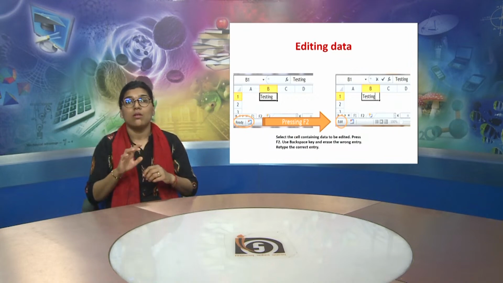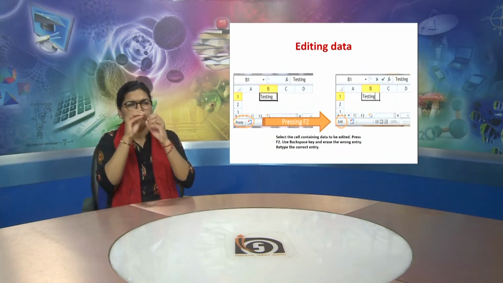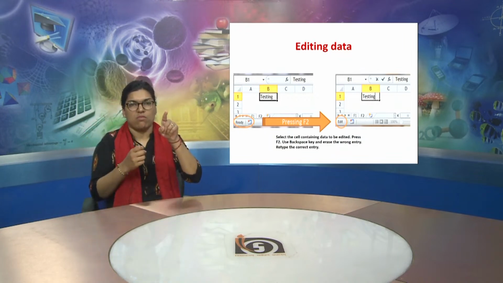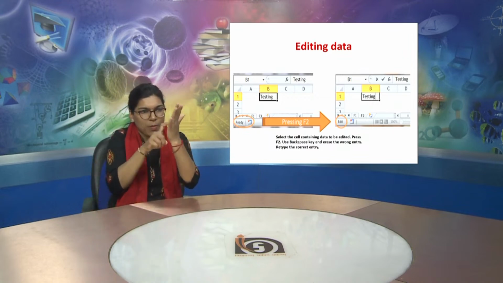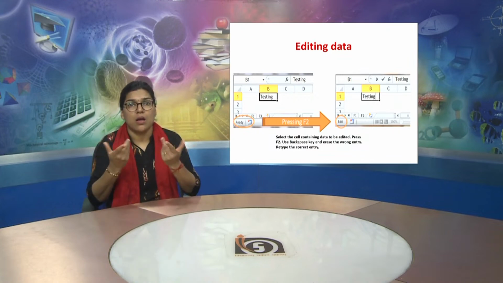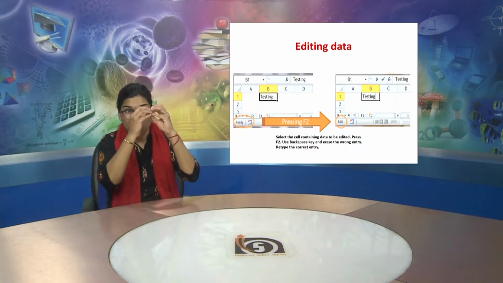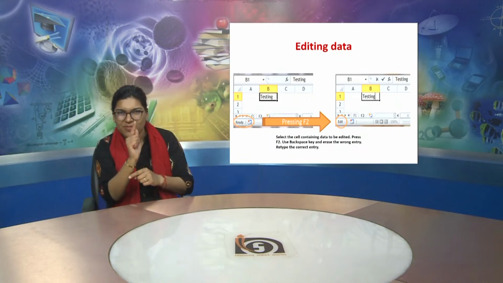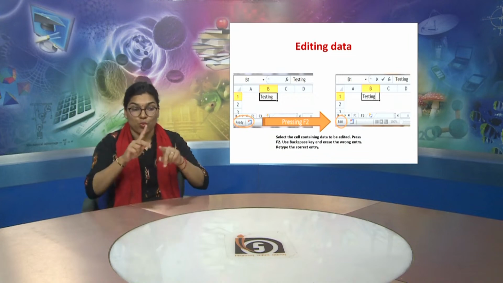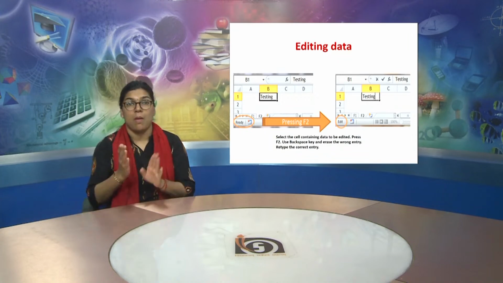Now this is shown here so that you can understand how we edit our text. When we click our mouse on that particular cursor, which you can see on screen in orange color, F2 is also used for selecting the cell which you need to edit.